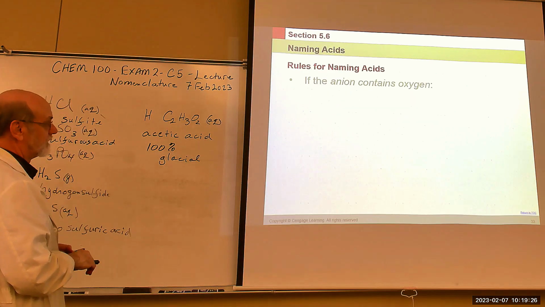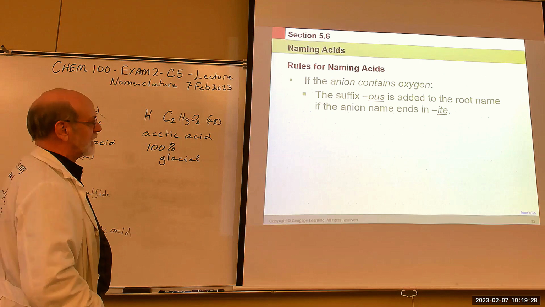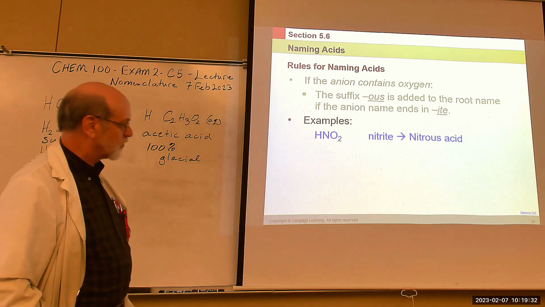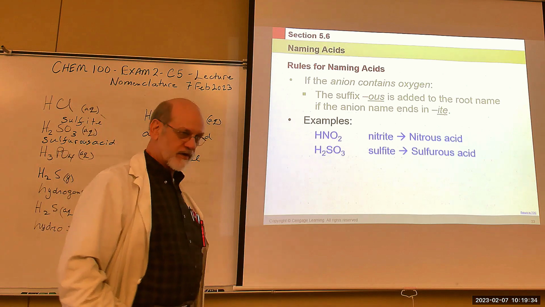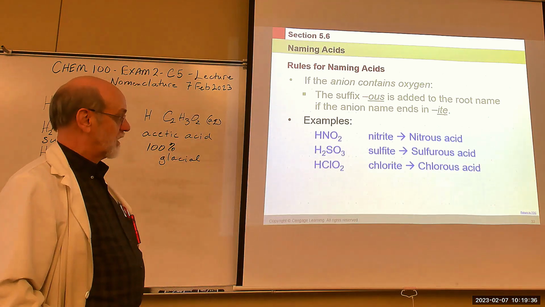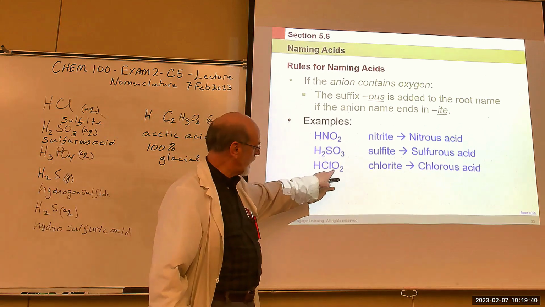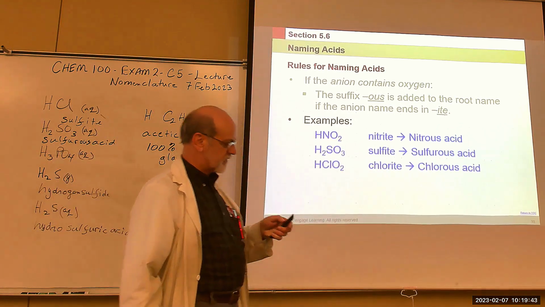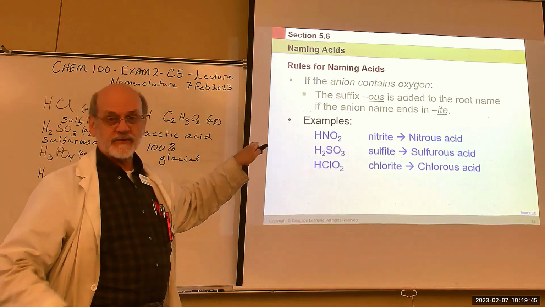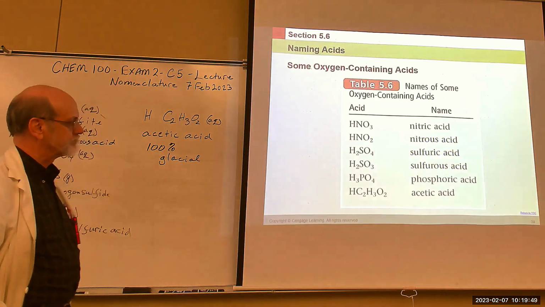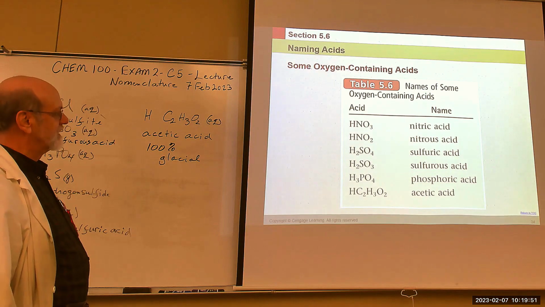All right. And there's the one with ous in it. Nitrous acid, sulfurous acid, chlorous acid, right? Remember, this is chlorite. That's chlorous acid. And remember, all of these have to be in aqueous solution. All right.